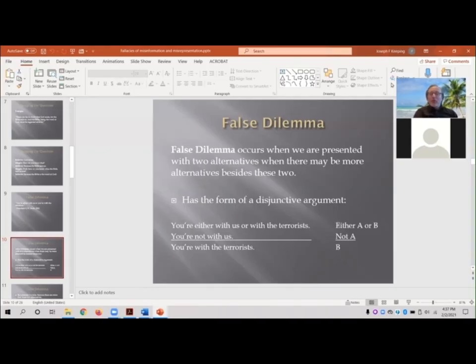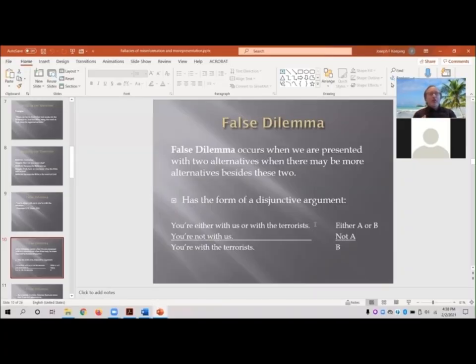It's okay to argue in this way if it is true that you only have the two choices, A or B. So whenever you see somebody in an argument and they say something like this, you're either with us or you're against us, or it either has to be one way or the other, and it can't be the second way, so the right way is the first way, something like that.